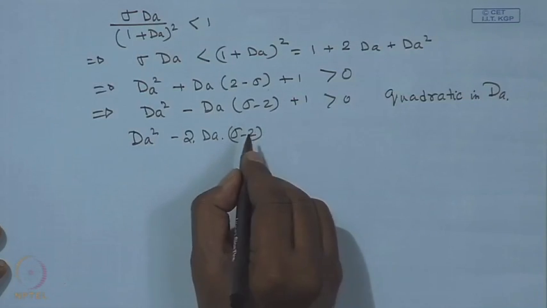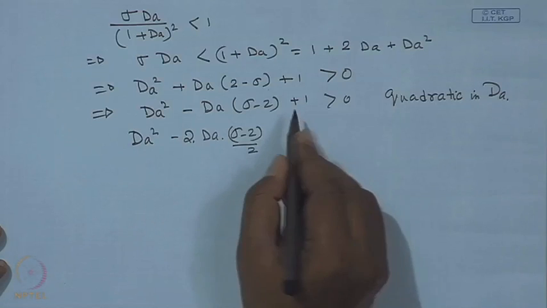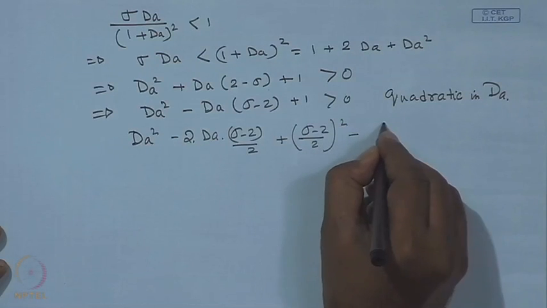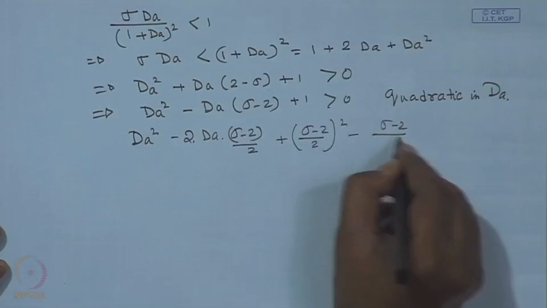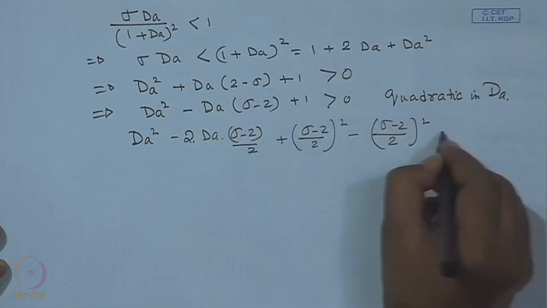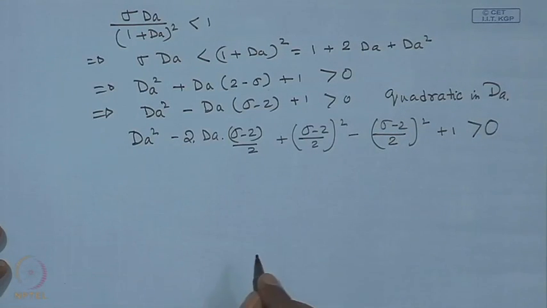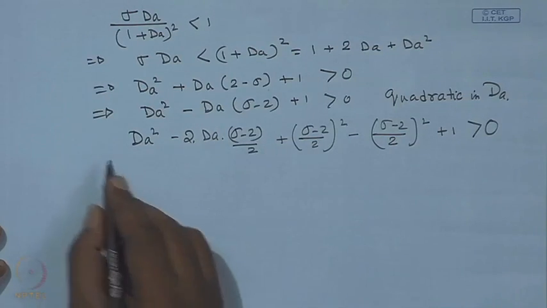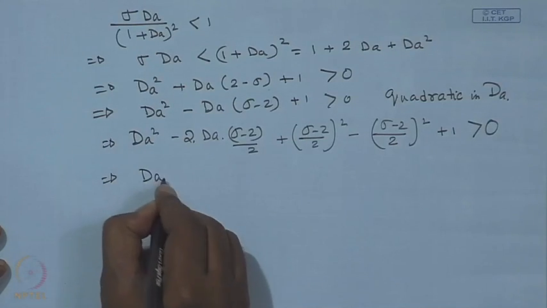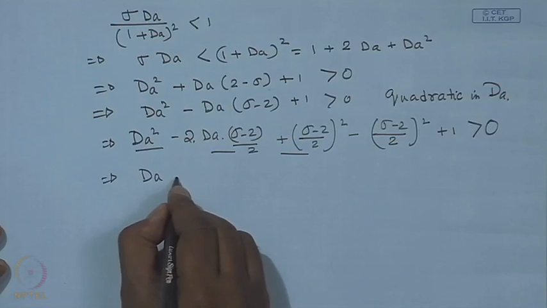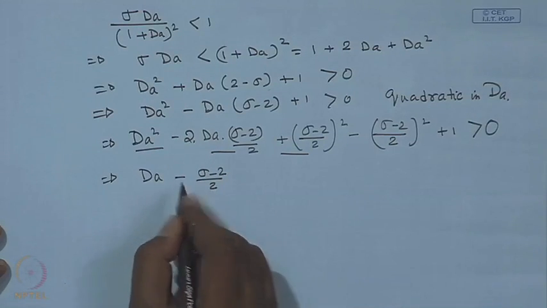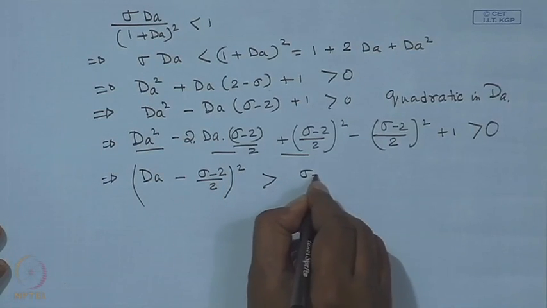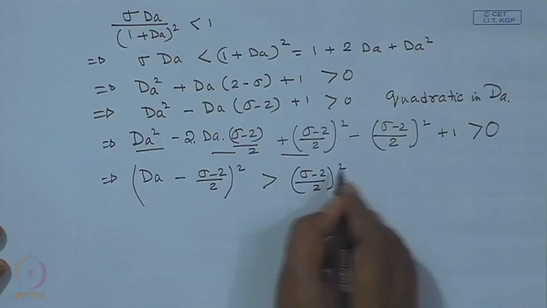We multiply and divide by 2, add sigma minus 2 divided by 2 whole square and subtract sigma minus 2 divided by 2 whole square. The 1 is there, keep the 1, should be greater than 0. We are trying to make a perfect square out of it. So, considering these 3 terms, we get dA minus sigma minus 2 by 2 whole square should be greater than sigma minus 2 by 2 whole square minus 1.